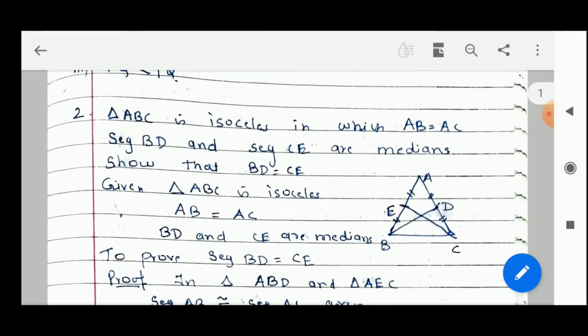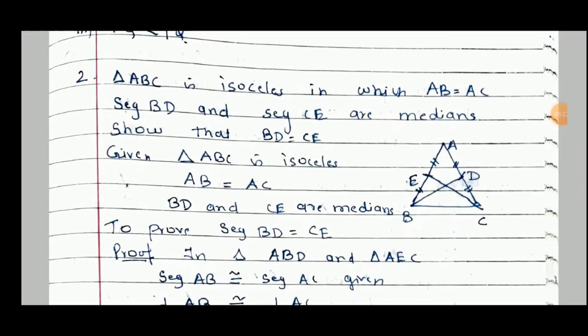Now second one, triangle ABC is an isosceles triangle in which AB equal to AC, segment BD and segment CE are medians. Show that BD is equal to CE. In triangle ABC is isosceles, then AB equal to AC.